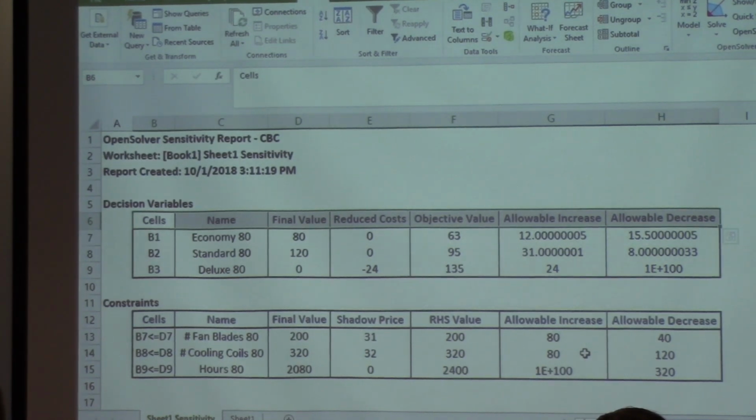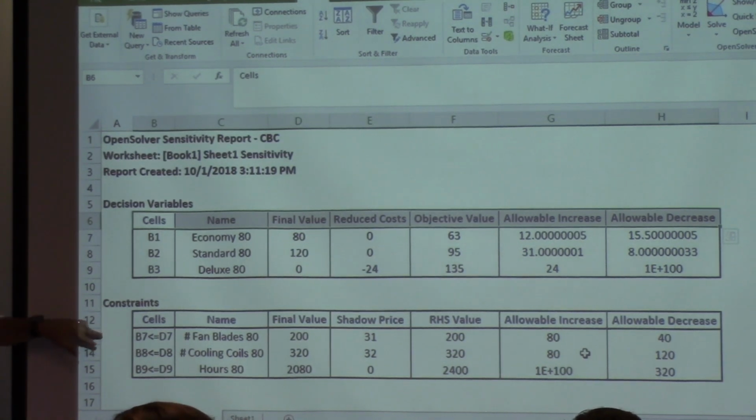Now, sometimes it might look like it's a tiny bit off because of the way that computers store floating point fractional values inside of them. But that's a computer issue. Theoretically, the fact that it's binding means it has to equal that right-hand side.